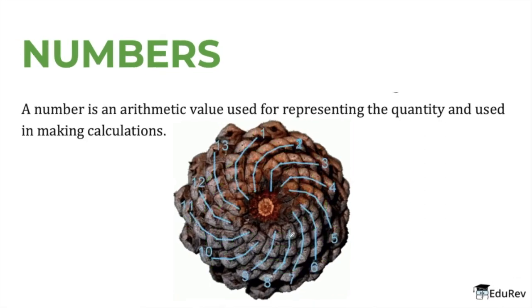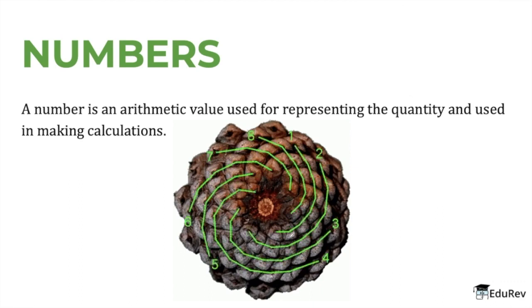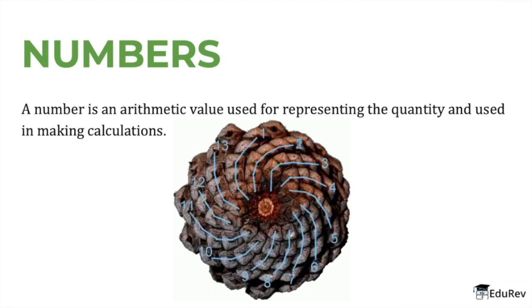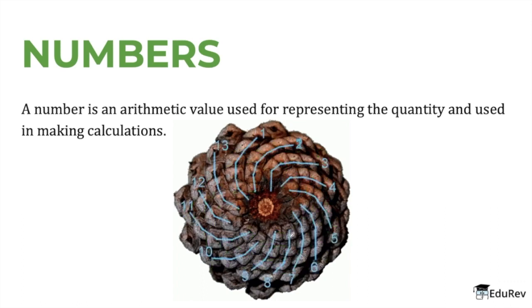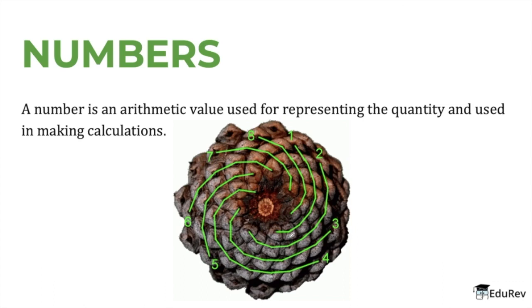Now we have understood what numbers are and why they are important. So let's give it a very professional definition. A number is an arithmetic value which is used to represent quantity, and it's also used in making calculations. Simple, right? Now numbers can be split into various categories.